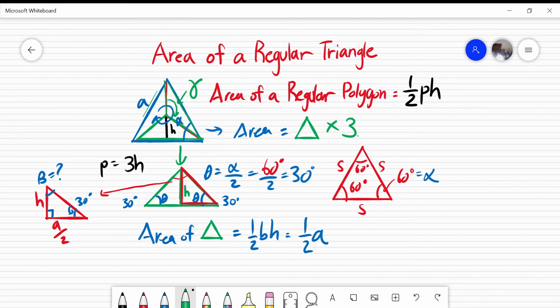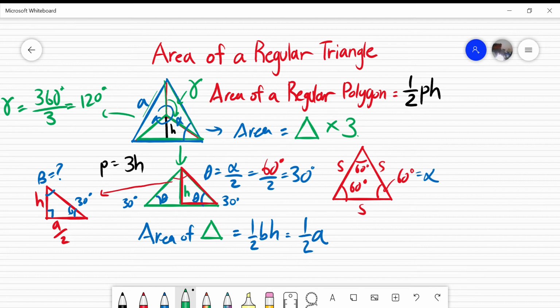And since in a full circle there's 360 degrees, we can divide that by 3, and therefore this guy is equal to 120 degrees. And we know that angle beta is also half the size of 120, or namely gamma.